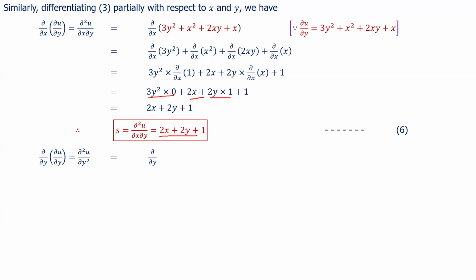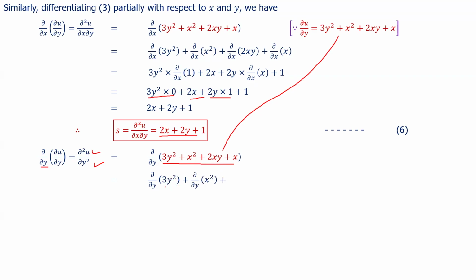Similarly, let us try to find the partial derivative of del u del y with respect to y. It is written as del 2u del y square. And we know that del u del y is nothing but 3y square plus x square plus 2xy plus 1. So we take the partial derivative of 3y square, of x square, of 2xy, and of x, all with respect to y.